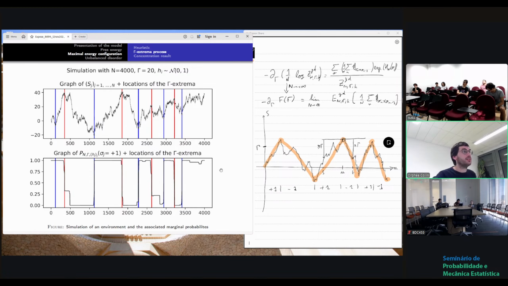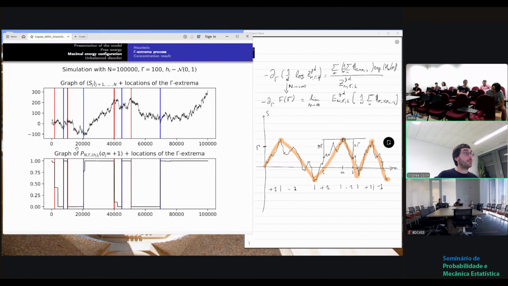Well, the instants here are determined by the gamma extrema, and I'm going to talk about them in a moment. The distance between these vertical lines is understood, and we have arguments for the fact that in between, the probability here is very close to 1 and here it's very close to 0. Exactly, I was going to speak about this process of gamma extrema.